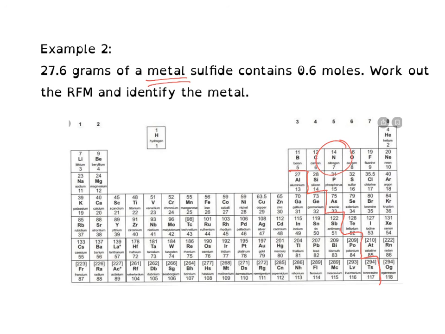So when you get this problem and the mass does not add up to where you think it should be, one thing you should maybe do is check your calculation, because it might be that you've simply taken away the wrong thing, taken too much of the wrong thing away. But the other thing to do is think, well, what number goes into 14? Because we haven't been given the formula. So my formula could be XS, if X was my metal, but there's no reason really to suggest that it couldn't be X2S or X3S and so on.